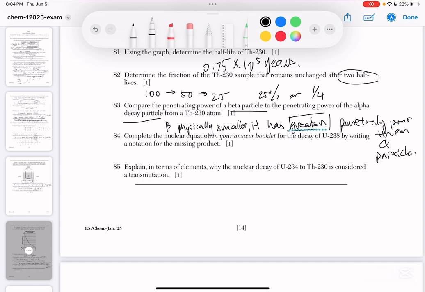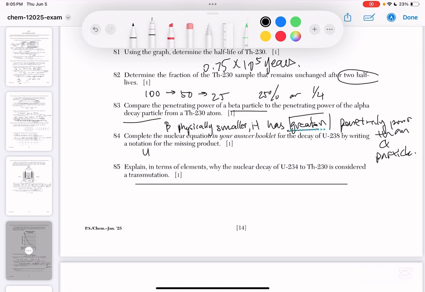Compare the nuclear equation. Oh, yeah, I don't know what the nuclear equation in my answer booklet is. Decay of U-238. Okay, I guess I can use Table N. U-238 has alpha decay.